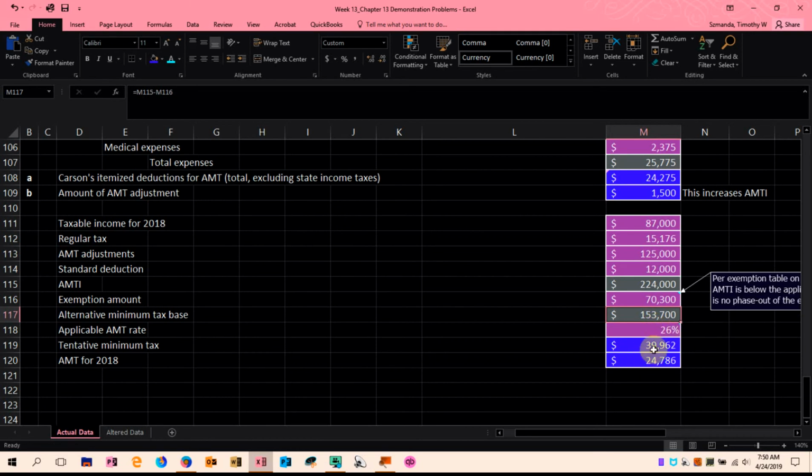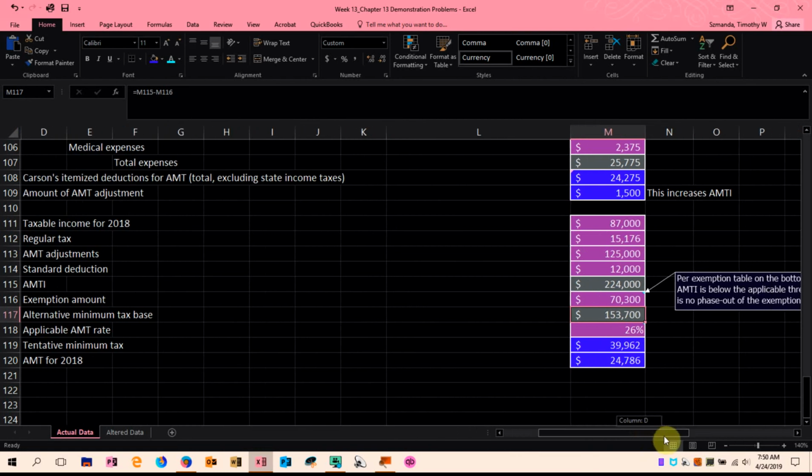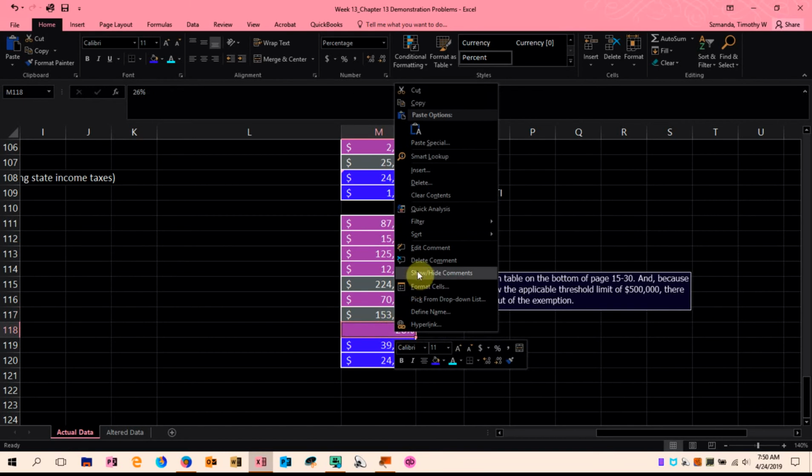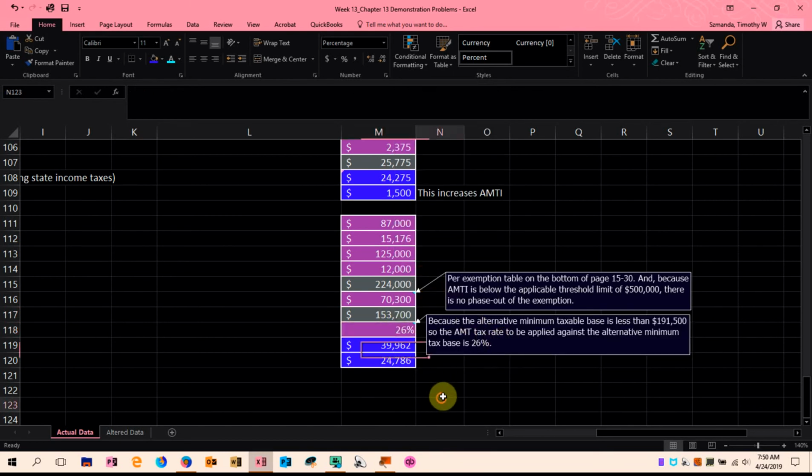Now this $153,700 we have to apply against one of two tax rates, either 26% or 28%. And I'm just going to show this comment here to make it a little bit more straightforward. We determine this by looking at the amount of the tax base. Now the text says look at the amount of your AMTI. That's not correct. You want to look at your tax base, because the AMTI is up here at 224, but you have to deduct the exemption amount.